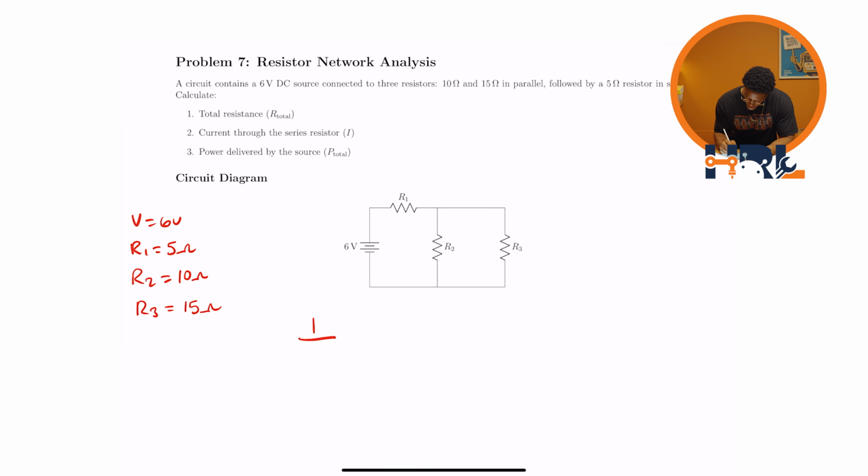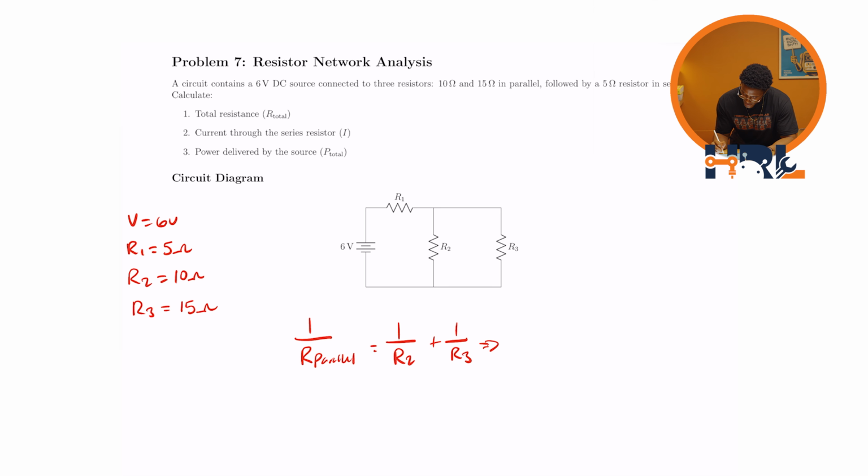So we have 1 over R parallel is equal to 1 over R2 plus 1 over R3. So we've got 1 over 10 ohms plus 1 over 15 ohms. We multiply each side by 1 to get the same denominator.